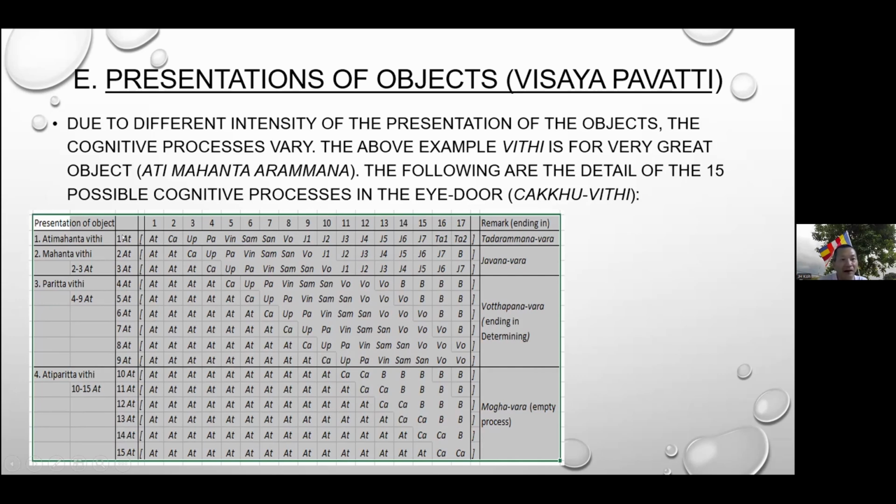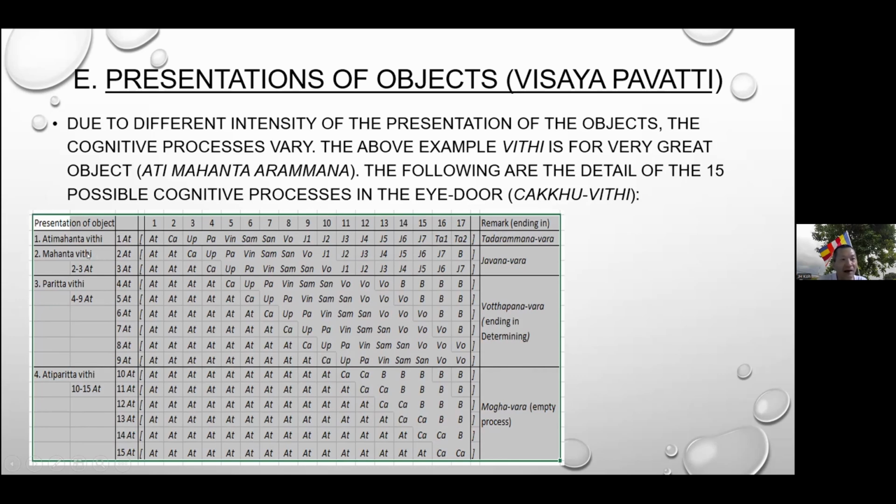So you'll find that in the case of very great objects, the normal cognitive process happens, and it ends up with two tadarammana, two registration consciousness. Another name for it is tadarammana vara, that means ending in tadarammana, ending in registration.